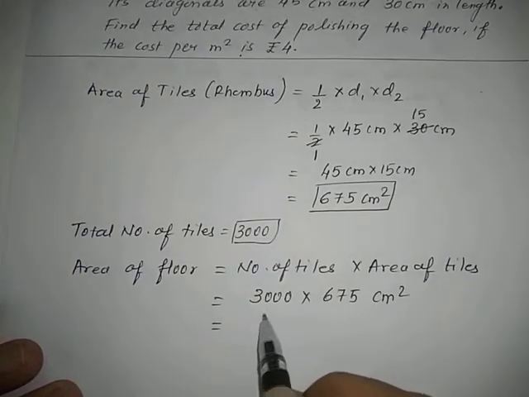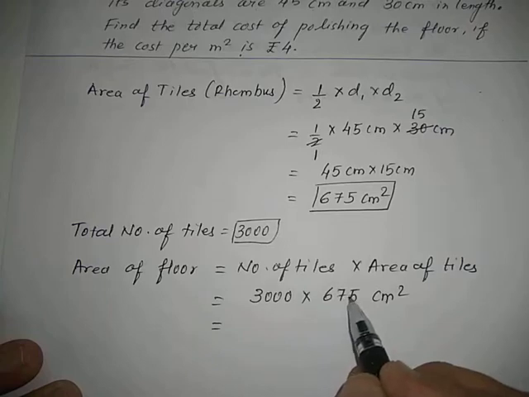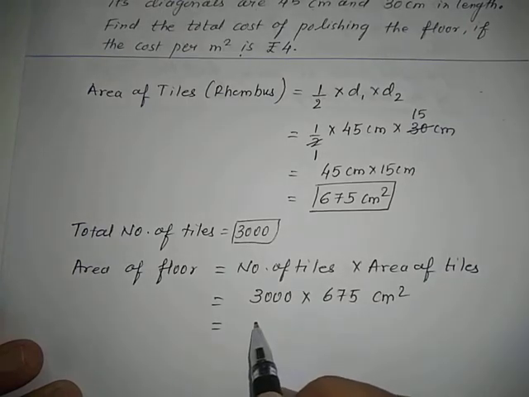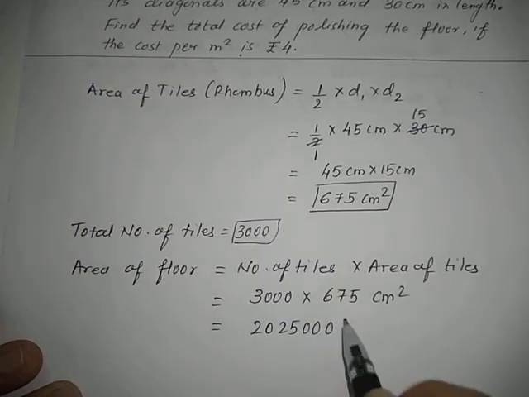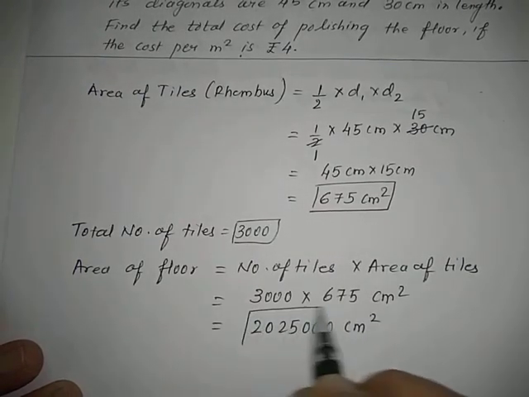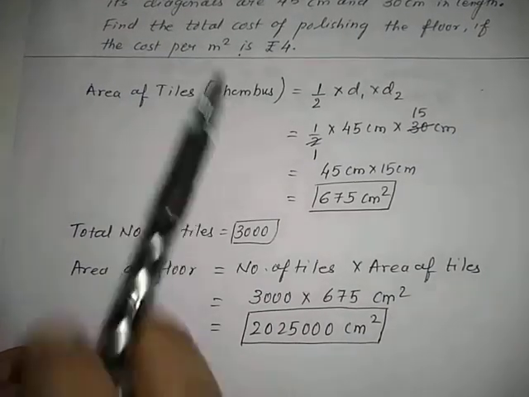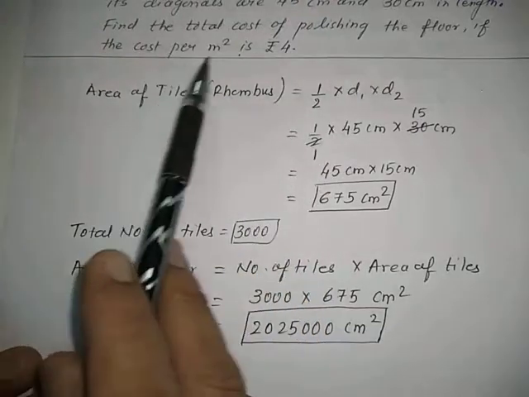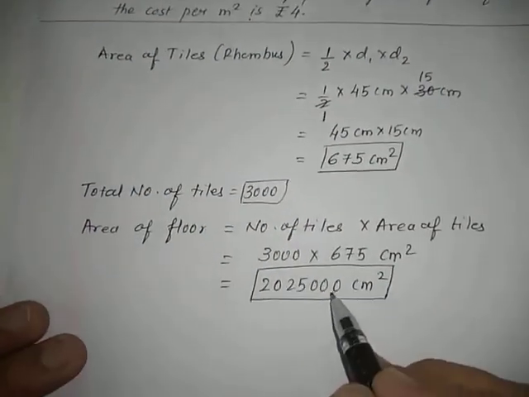So if we multiply, we will get 2025000 centimeter square. So this is given in centimeter square, but the cost of polishing is given per meter square. So we need to convert this into meter square.